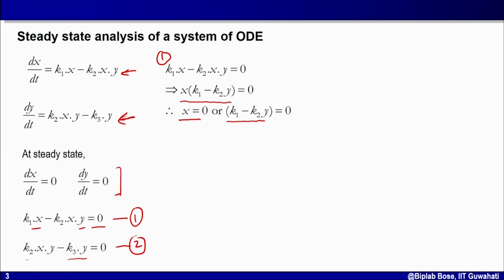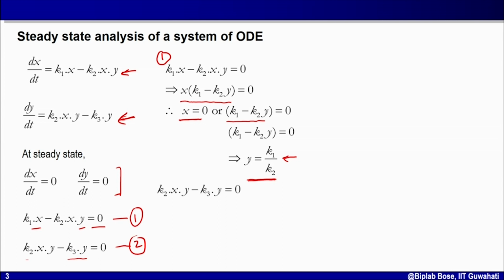If k1 minus k2 y is equal to 0, I can separate y on the left hand side and the rest on the other side, and I get y equal to k1 by k2. That means from the first equation I am getting either x equal to 0 or y equal to k1 by k2. Now we will put these values in the next equation to solve.